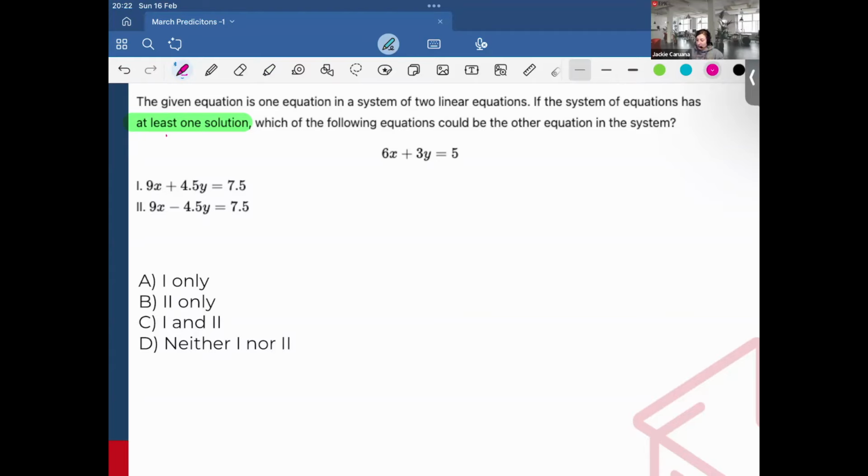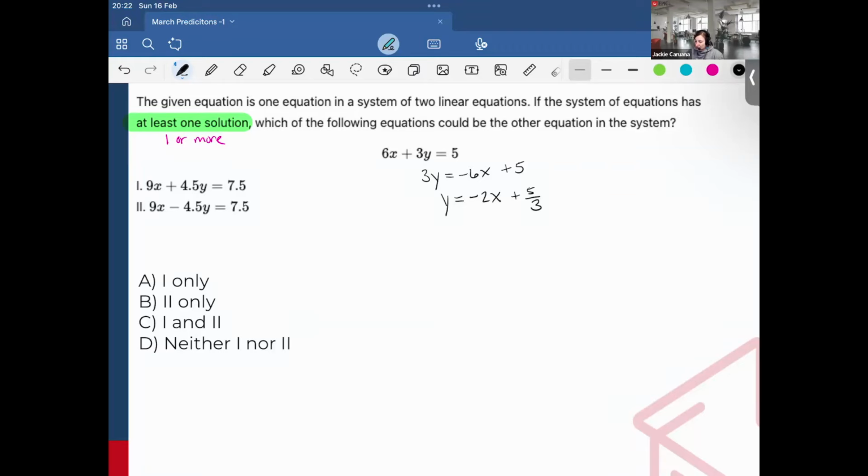That it has one or more. So first, what I would do is see what the slopes are. So here, rearrange: 3y is equal to negative 6x plus 5. So this would be y equals negative 2x plus 5/3 is the equation of this line.